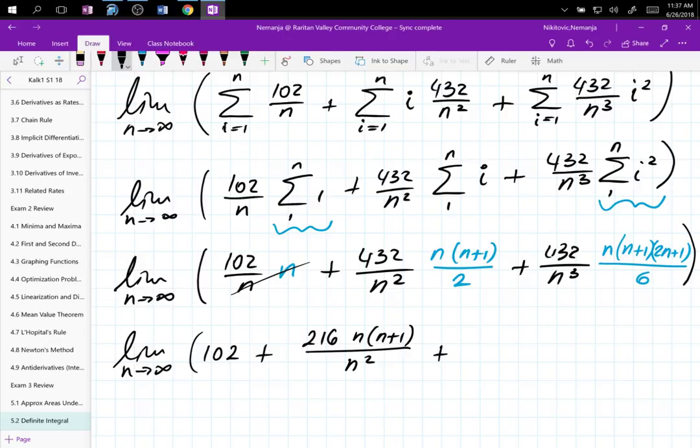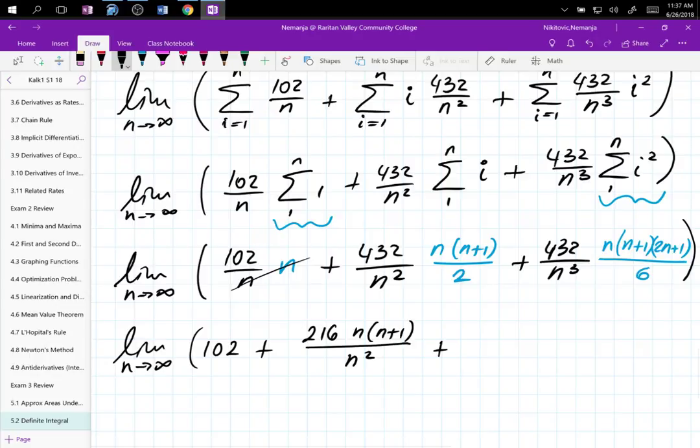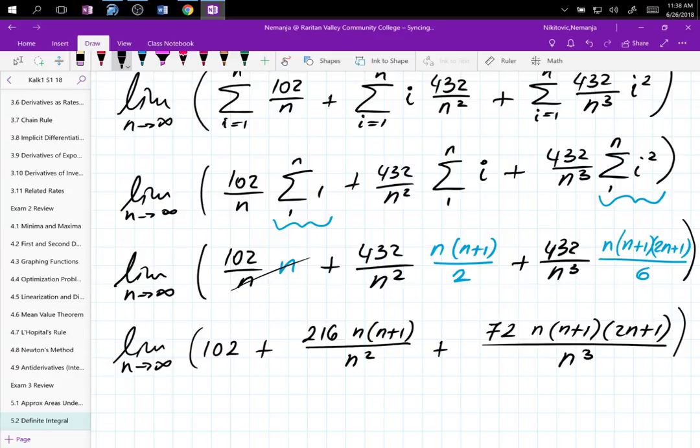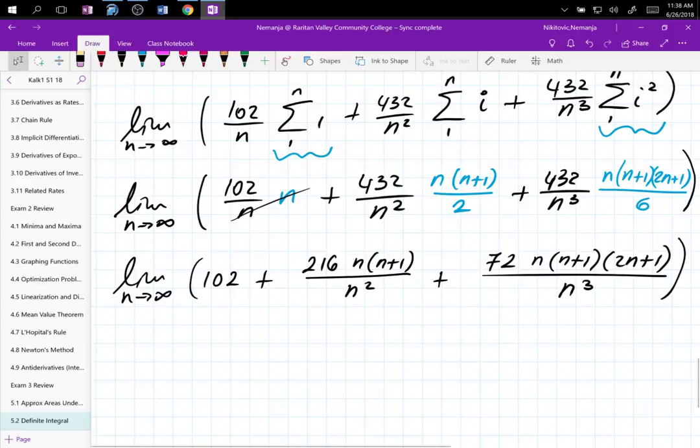Okay, so what's 216 divided by 3? That's 72, right? Yep, 72, n plus 1, 2n plus 1 over n cubed. So limit applies to this.